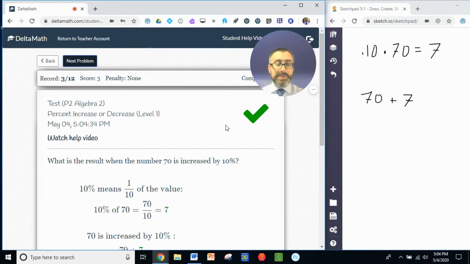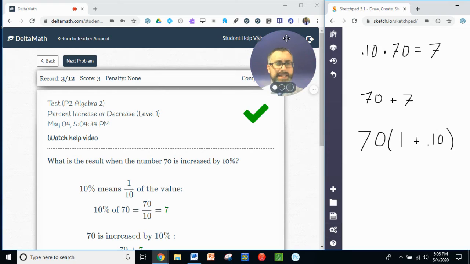Okay, but there's actually another way to think about this problem. Since I'm going to do an increase, I might take my original number and use a little bit of a trick. I'm keeping my original number, keeping is represented by 1, and I'm adding 10%, 0.10.